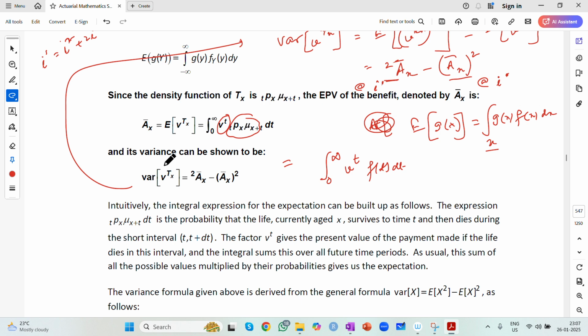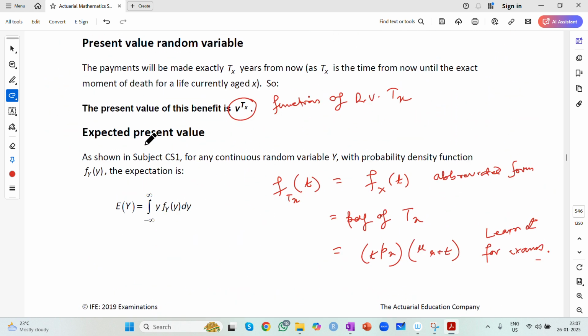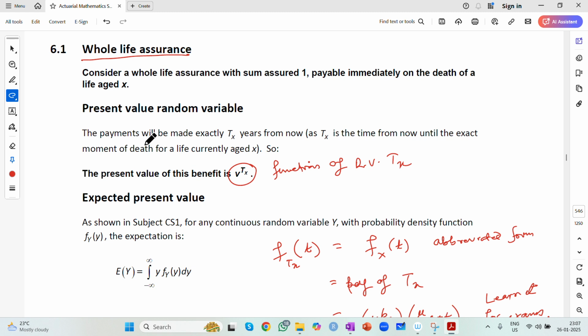So we got this answer for the whole life assurance, where the sum assured is paid immediately at the time of death. Earlier, the sum assured was paid at the end of the policy year of death. But here it's paid immediately on death. So this is a continuous function.